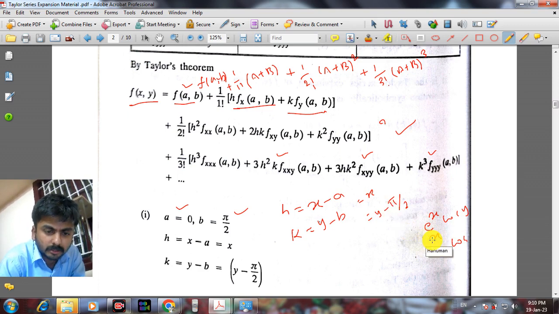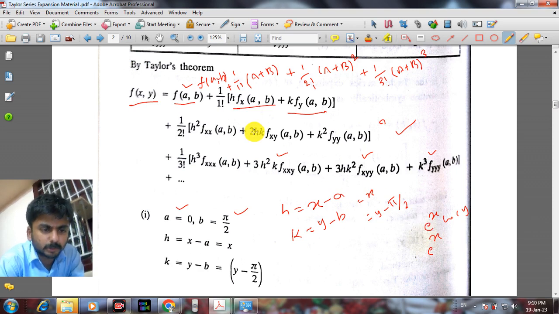I am substituting the value where we have used that value in h and k. So h equal to x minus a, that is in the place of h we want to substitute x, and in the place of k you want to substitute y minus b.